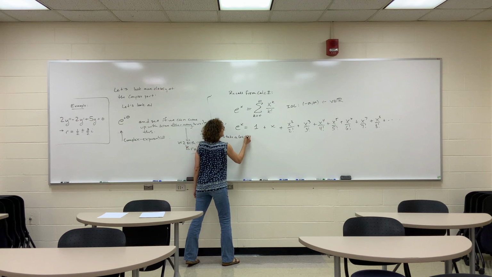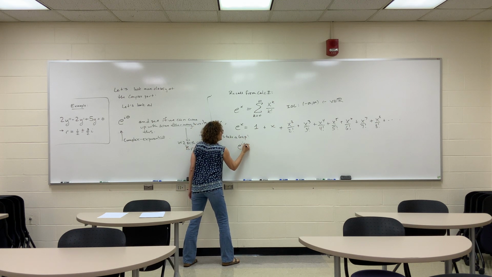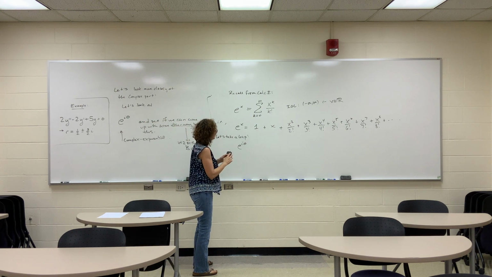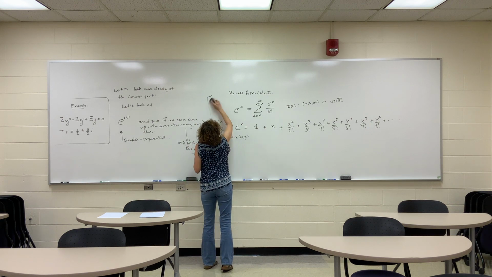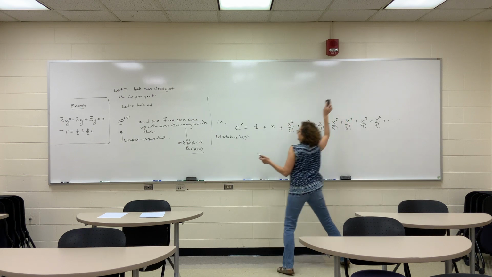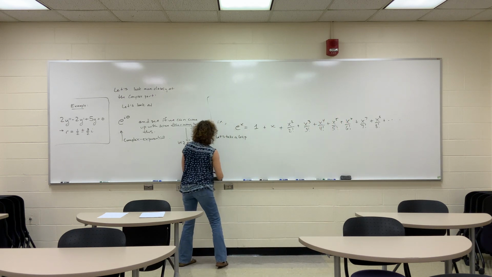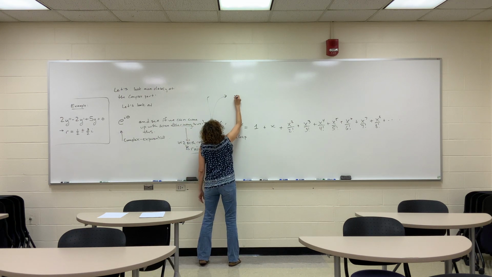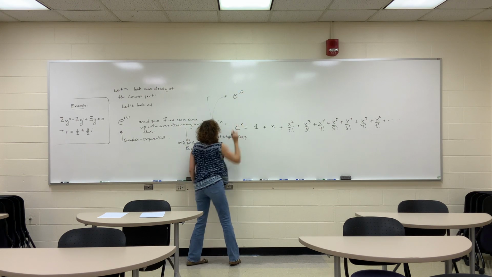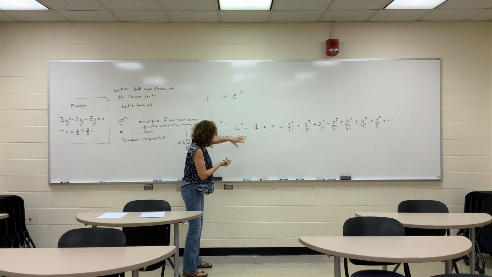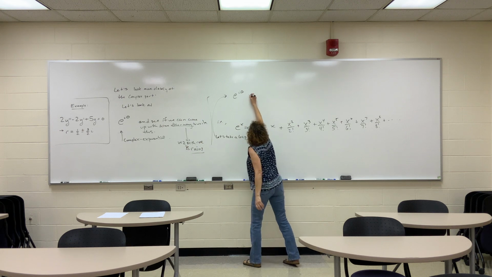And say, what about e to the i theta? In fact, I'm going to take my leap up just so that I have more room. So if we then want to evaluate e to the x at i theta, how would we do that?